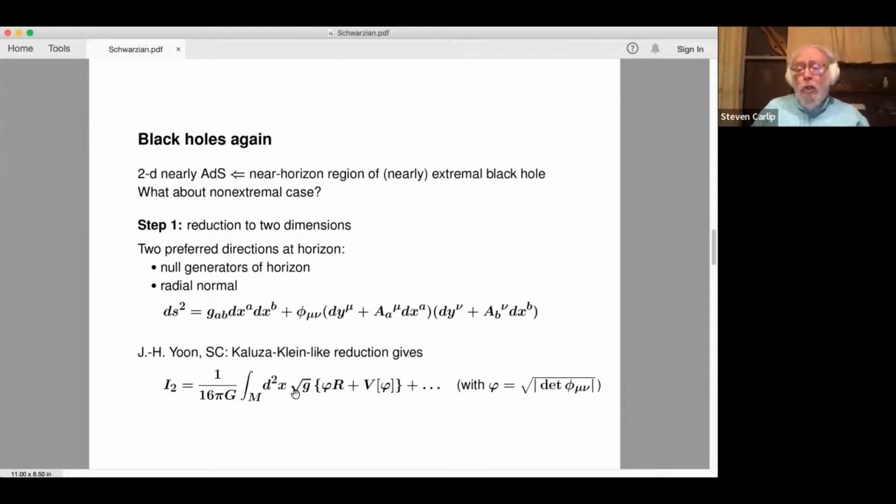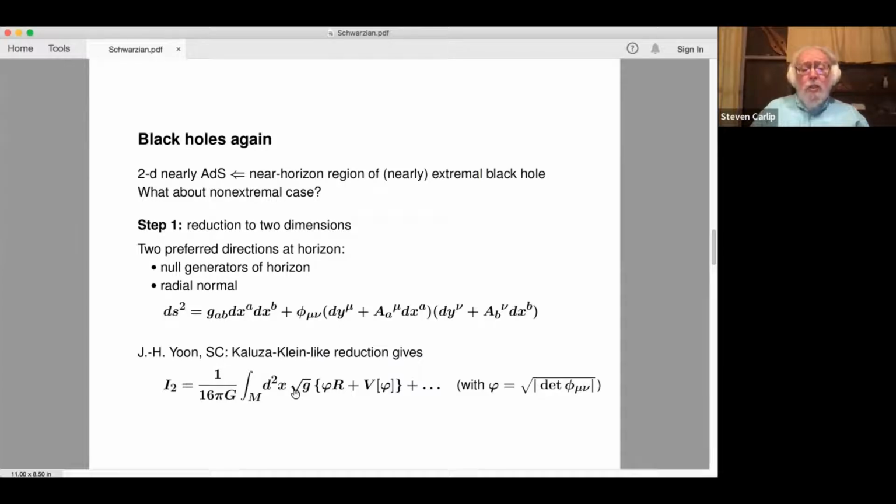That if you take an arbitrary metric and you write it in a Kaluza-Klein-like form, and then work out the action, what you get is an effective two-dimensional action, which looks like two-dimensional dilaton gravity coupled to a bunch of gauge fields and a bunch of scalar fields. The difference between this and standard Kaluza-Klein is simply that now the gauge group is the whole group of diffeomorphisms of the transverse directions. It's a big gauge group, but that's okay.